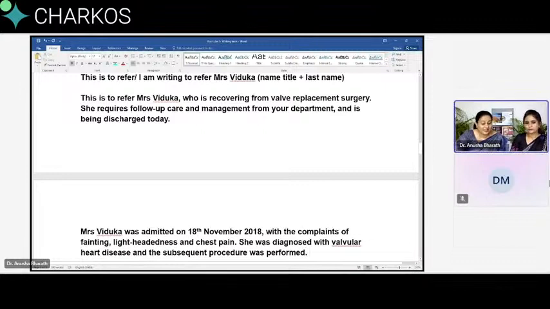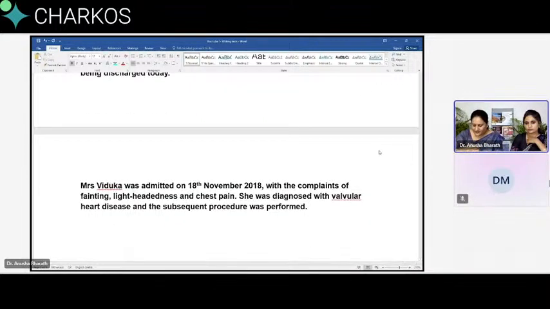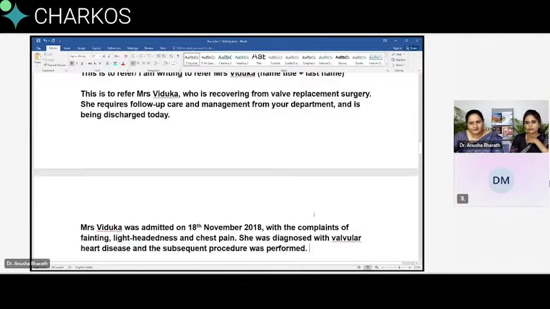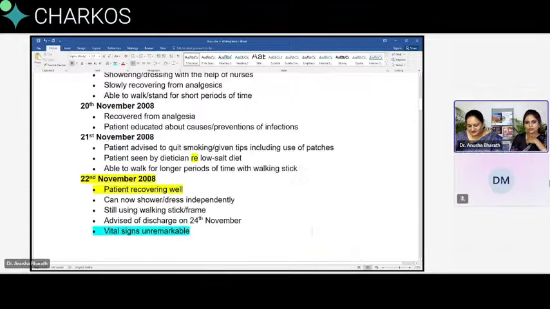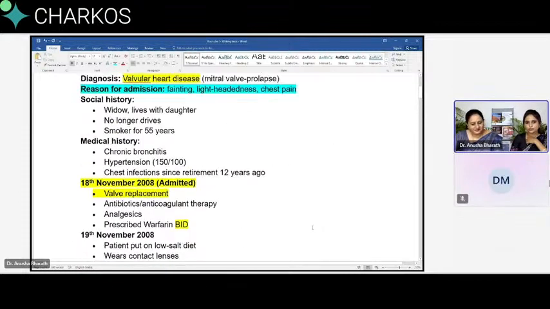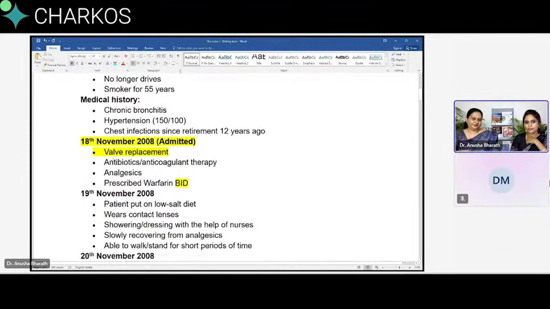Is there any commencement of the medication? Look at it. Respond in the chat box. Looking at the case note, we understand that she was treated with antibiotics, anticoagulant, analgesics, right?